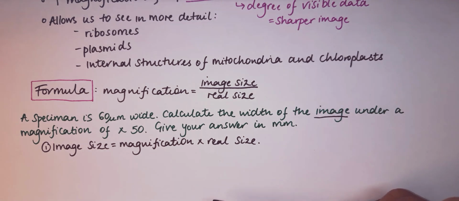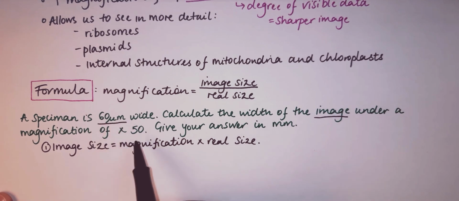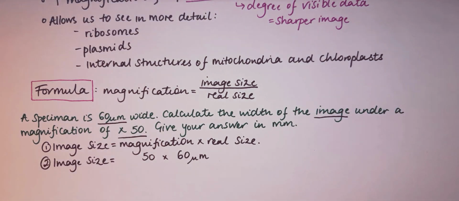Okay, so now we've got the equation we need to work with. Let's underline the information that we have. We've got 60 micrometers and we've got a magnification of 50. So all we need to do now is plug those values into this equation. We've put in 50 multiplied by 60 because the magnification is 50 and the real size is 60 micrometers.